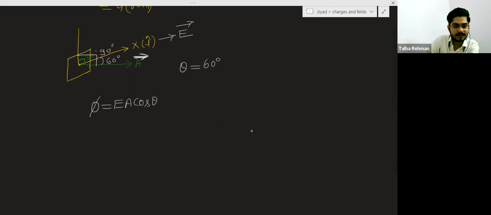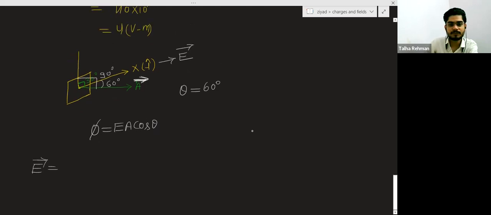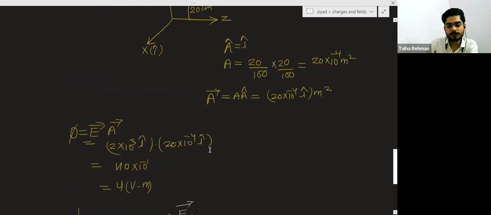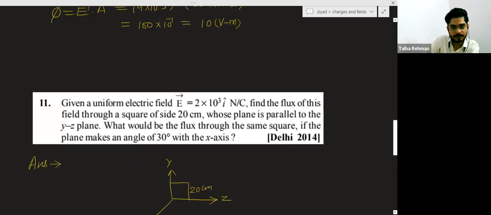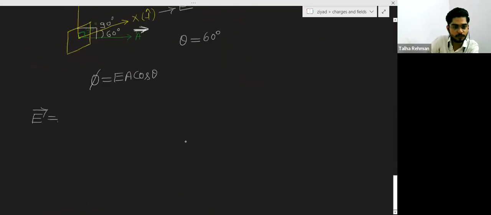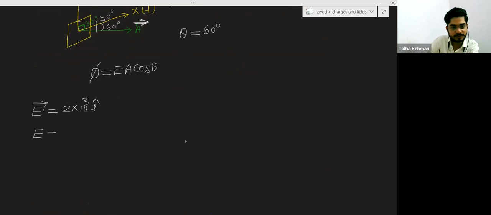The electric field this time is given as 2 into 10 to the power 3 i cap. If you want to find the magnitude of the electric field, you will write only this value.